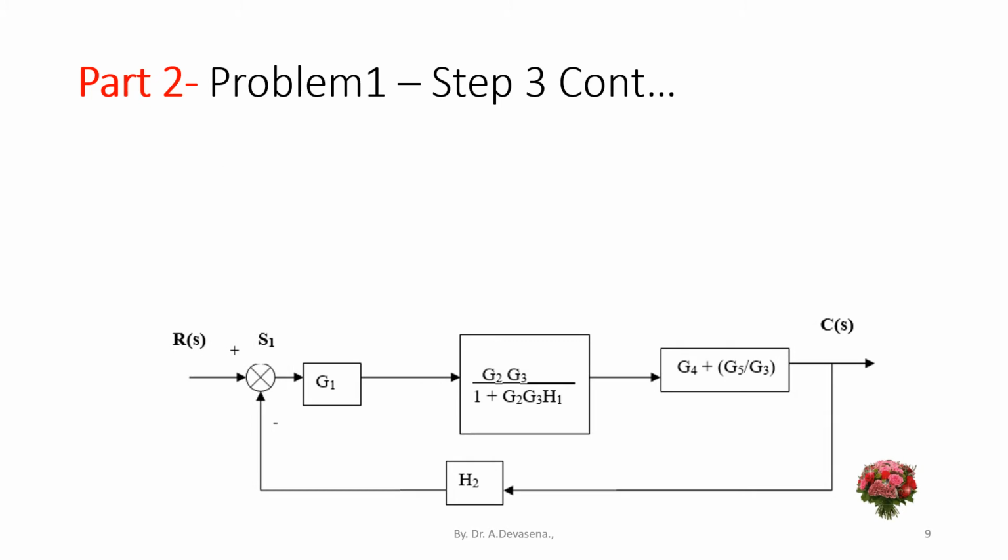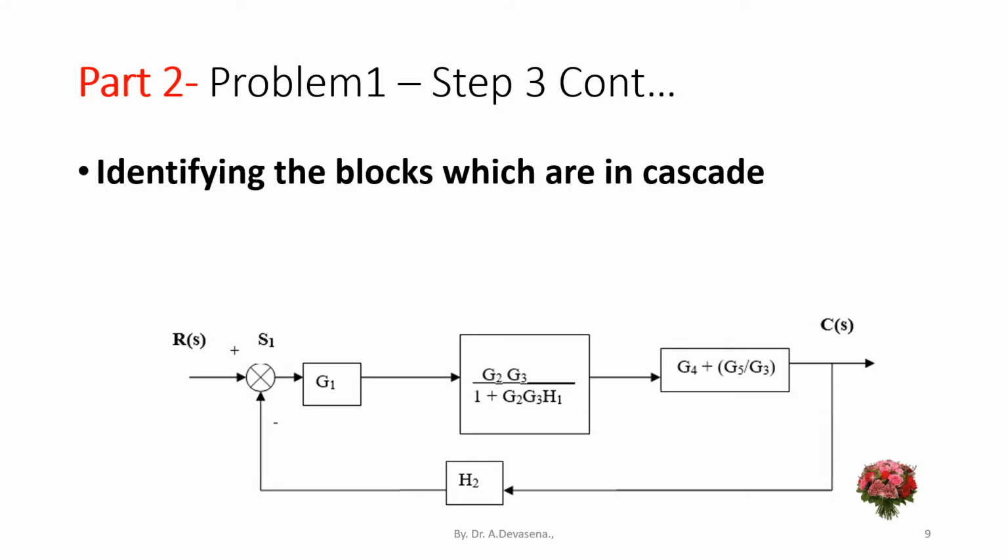Now we have to identify the blocks which are in cascade. In this diagram, we have the blocks G1, the block G2 G3 divided by 1 plus G2 G3 H1, and the block G4 plus G5 by G3 which are in cascade. Now we are going to combine these three blocks which are in cascade in the next step.